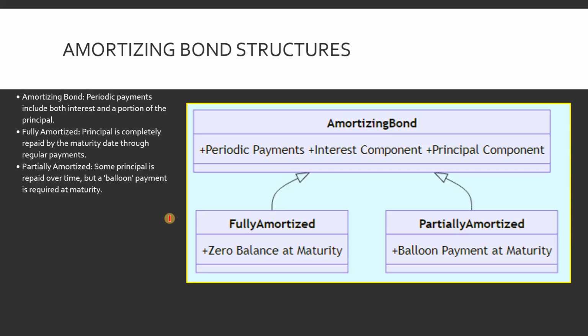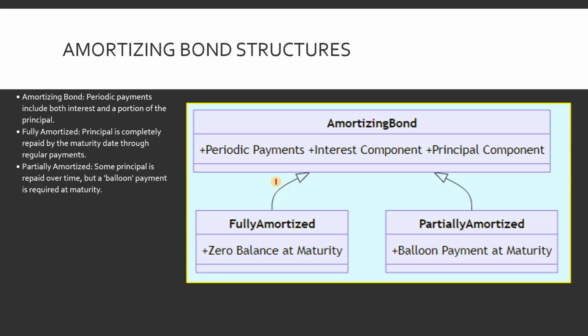In a partially amortized bond, the payments also include principal, but they are not large enough to clear the debt completely. This leaves a remaining balance at maturity, known as a balloon payment, which must be paid off. So, amortizing bonds reduce the credit risk by returning principal gradually rather than all at once.